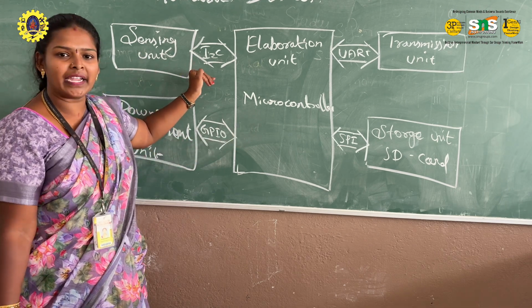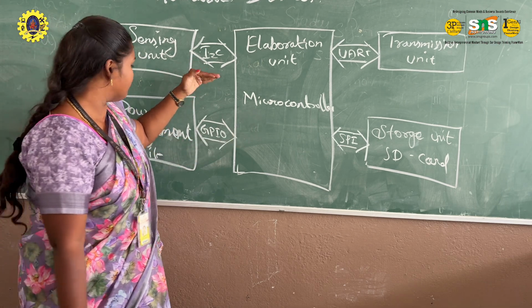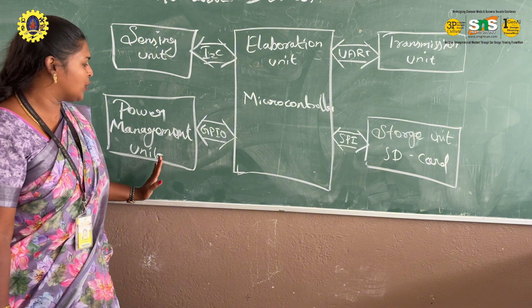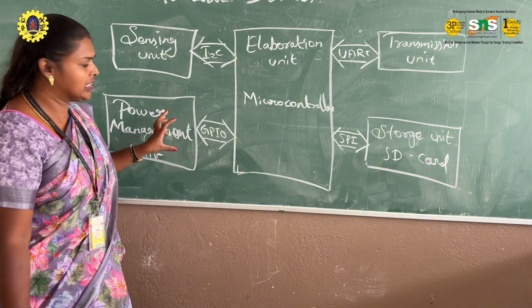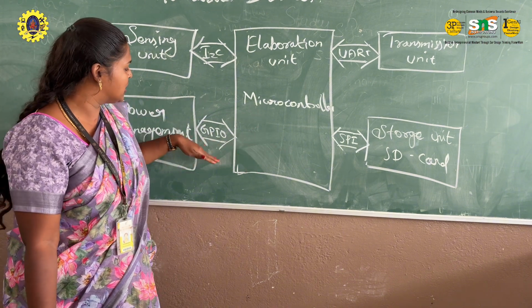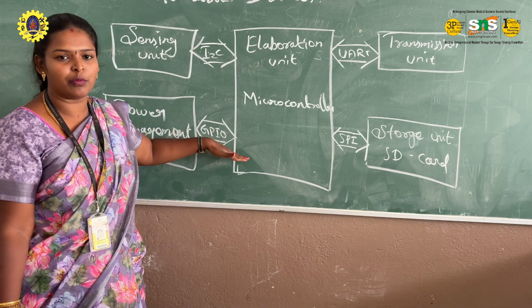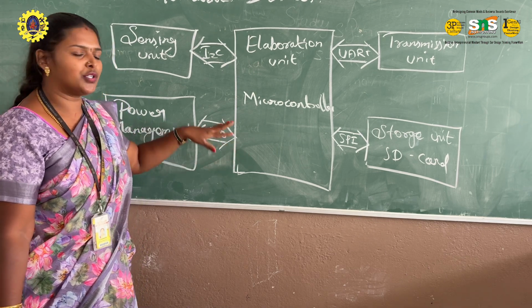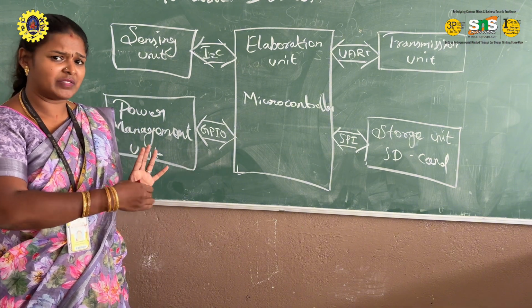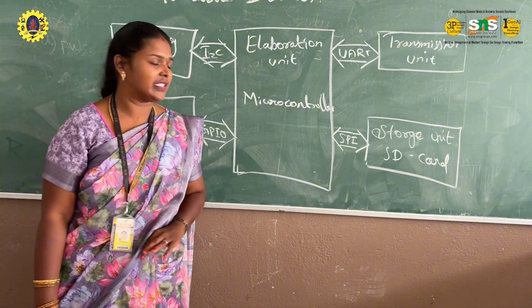It is a low speed communication protocol. Next is the power management unit. This power signal is transferred to the microcontroller using GPIO, the general purpose input output protocol, which is used to transfer input output signals to the microcontroller.